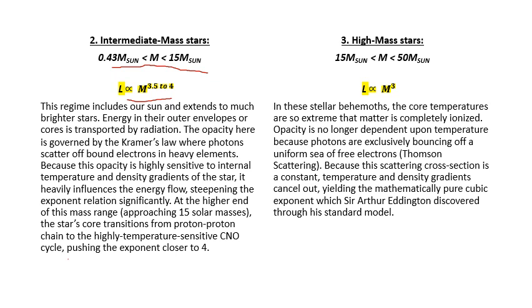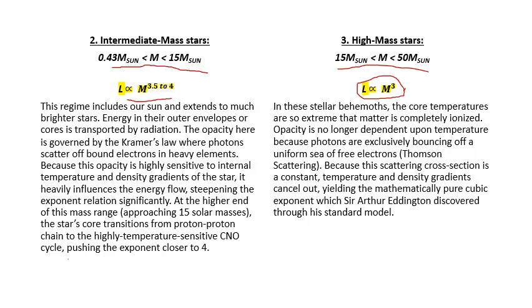For high mass stars, lying in the range from 15 solar masses to 50 solar masses, the luminosity is proportional to the mass cubed that Arthur Eddington found, because we assumed that radiation pressure was dominant and we neglected the gas pressure. Therefore, we came to this relation.